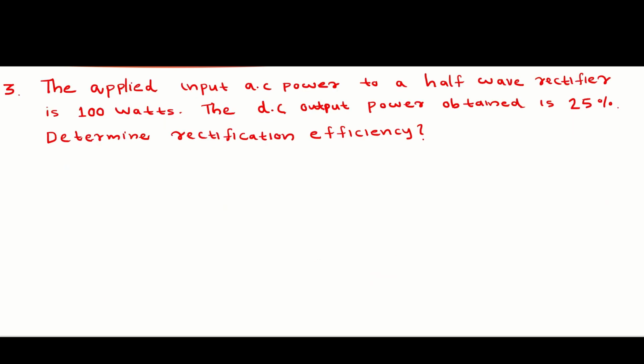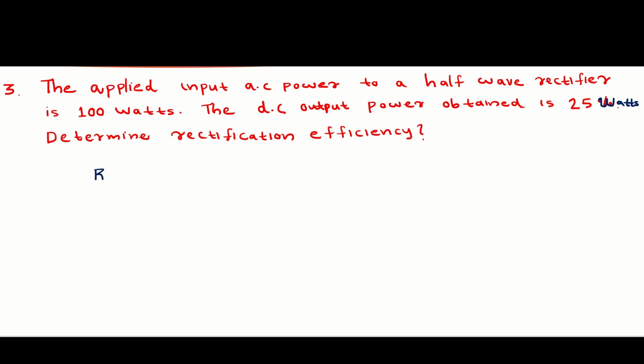The third question is, the applied input AC power to a half-wave rectifier is 100 watts. The DC output power obtained is 25 percentage, not 25 percentage, this one is 25 watts. Determine the rectification efficiency.